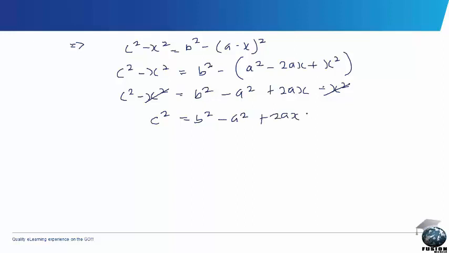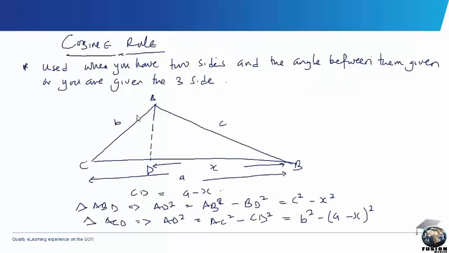Okay, all right, but we can rearrange this, and so we have as follows, that B squared minus A squared plus 2AX is equal to C squared. But if we want to find X, the value of X, how do we find the value of X from the triangle?